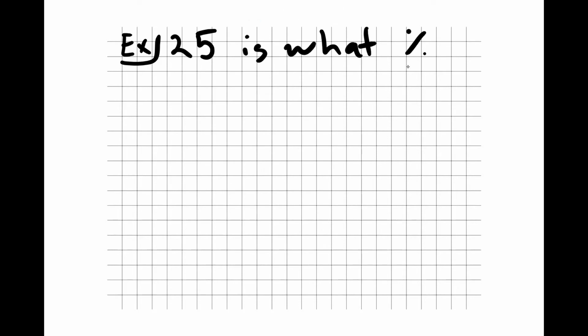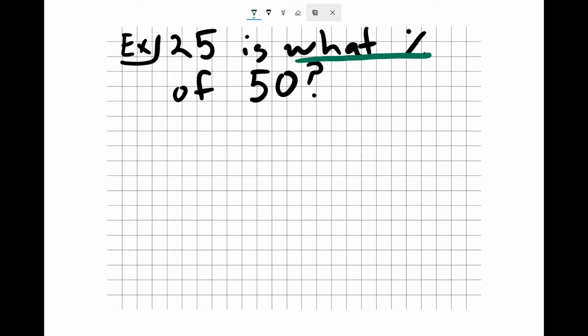Let's say for example, you have a problem that says 25 is what percent of 50? I did not write out the word percent, again in the interest of space, but again, much like in the previous section, you want to find keywords. The keyword here is what percent. Immediately that is going to tell you that the portion from your equation that you're missing is going to be your percent.